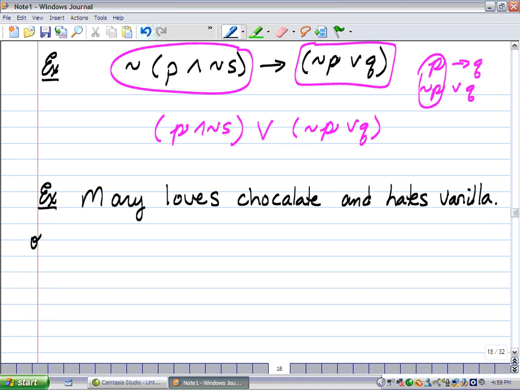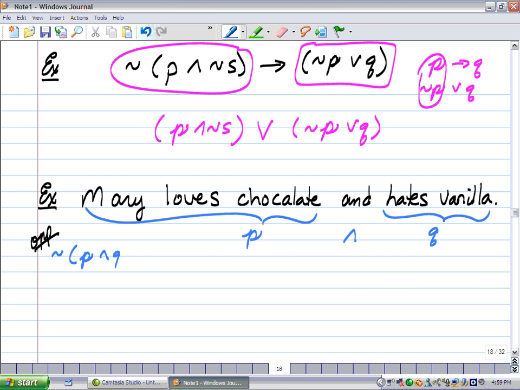Okay, what would the opposite be? Well, here we have Mary loves chocolate. So let's make that P, and hates vanilla. So that's Q. And what would De Morgan's law tell us the opposite would be?